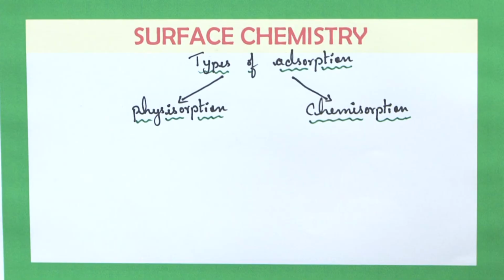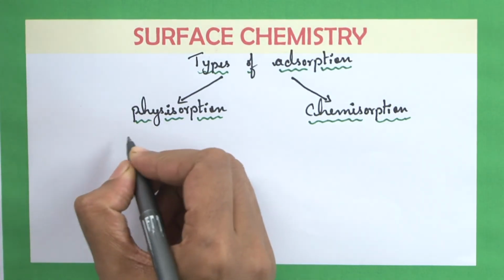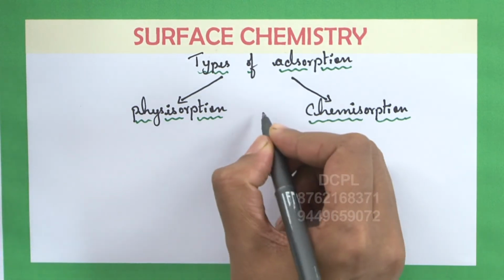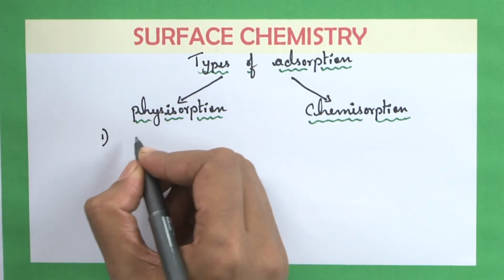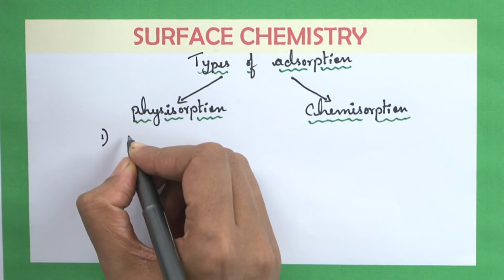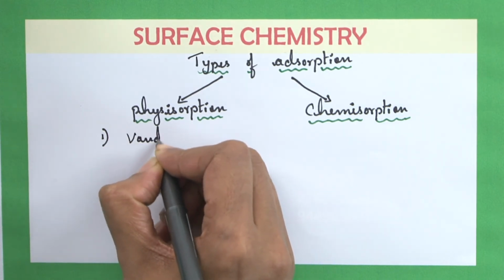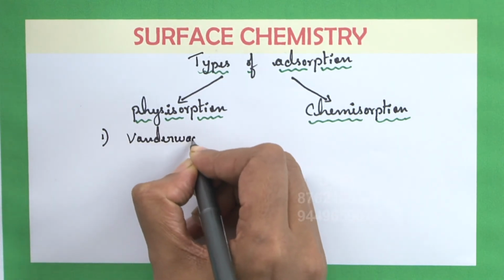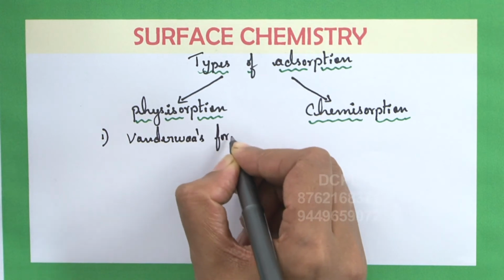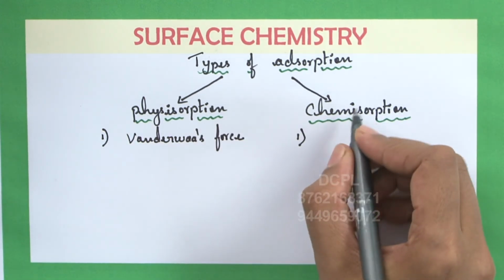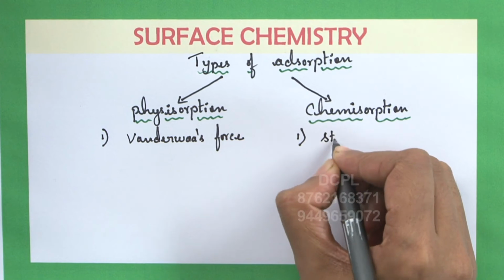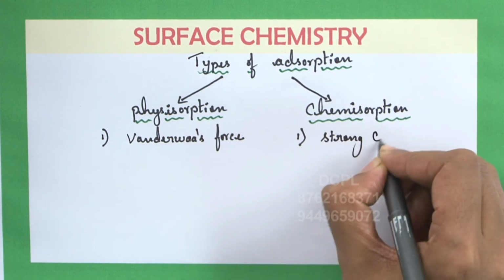So let us differentiate them and write down the points. In physisorption, the force involved is van der Waals force, whereas in chemisorption, the force of attraction is a strong chemical bond.